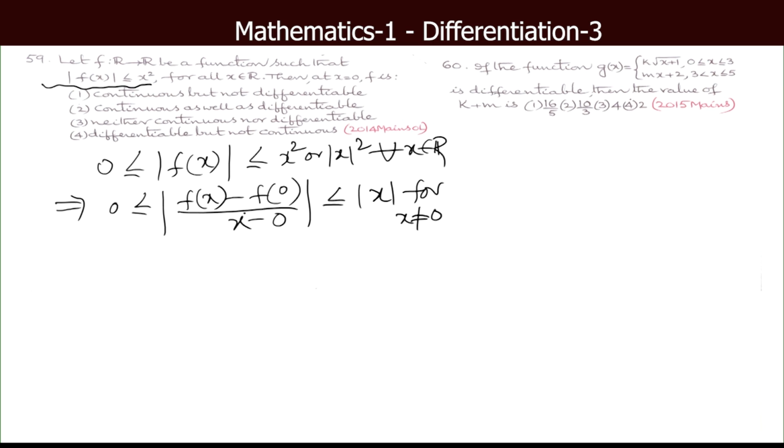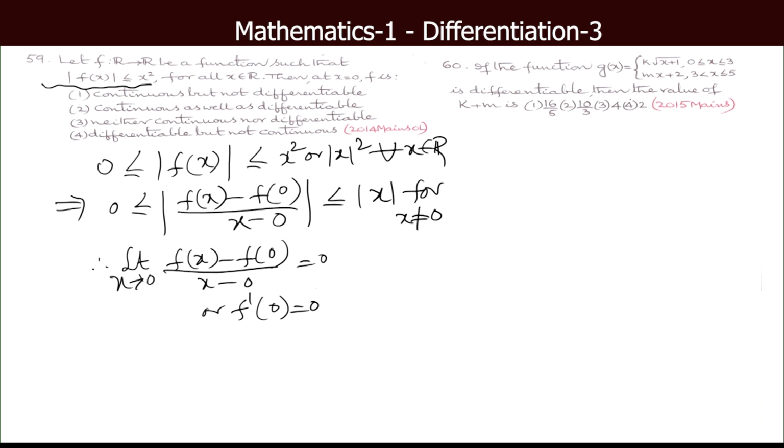This is being squeezed by mod x on the right and a constant function 0 on the left. Once again apply the sandwich principle or squeezing principle. Because mod x tends to 0 as x tends to 0, and the left side is already 0, therefore the limit of (f(x) minus f(0)) by (x minus 0) as x tends to 0 equals 0, or f dash of 0 equals 0.